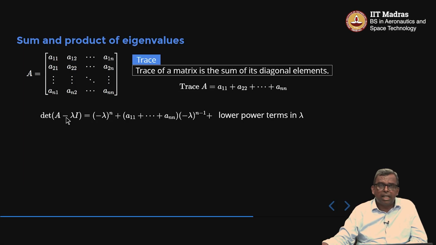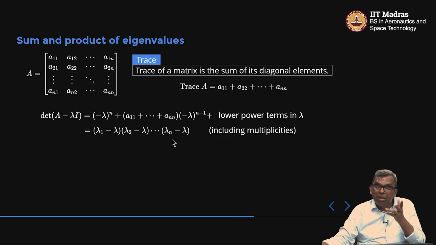Then what did we do to find the eigenvalues? We factored the characteristic polynomial. When we factored it, we got n eigenvalues, possibly including multiplicity. Some repetitions may be there, but we got the n eigenvalues. So the same determinant of A minus lambda I can be expressed in the first way, minus lambda to the power n plus trace times minus lambda to the power n minus 1 plus lower order terms.